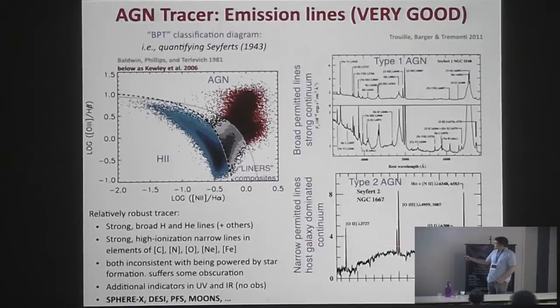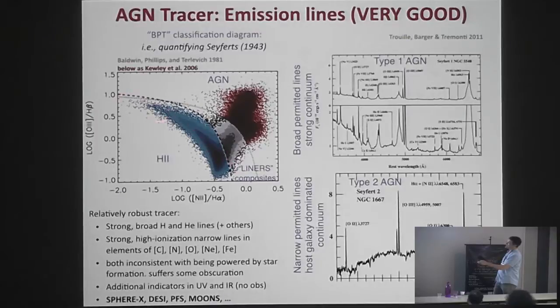So the idea is these particular lines, the oxygen 3 lines and the nitrogen 2 lines, are sensitive to UV radiation, and in particular harder, higher energy UV radiation. Generally for stars, the ratio of these objects falls along this sort of curve right here.